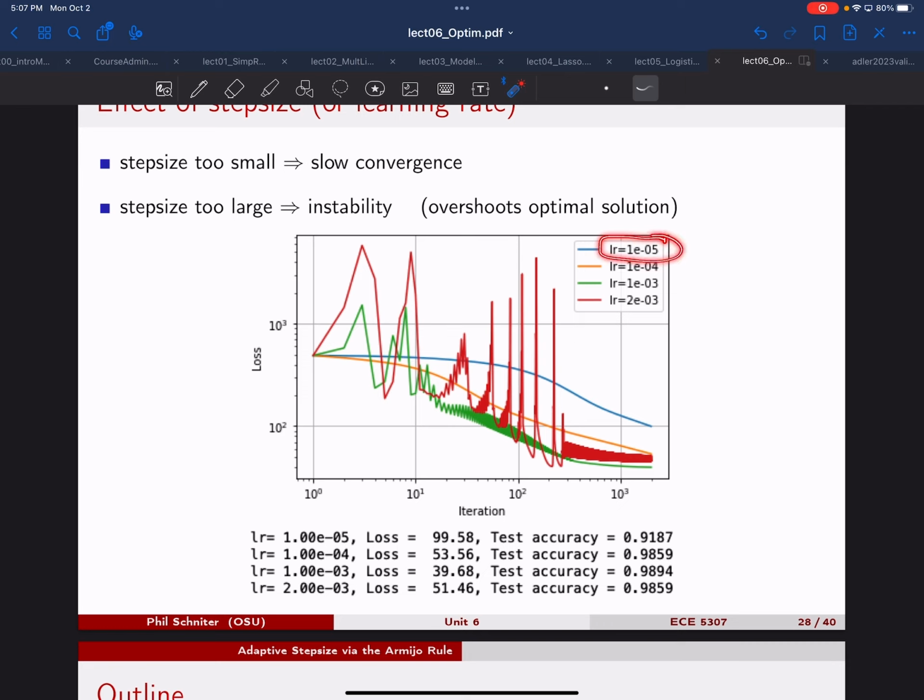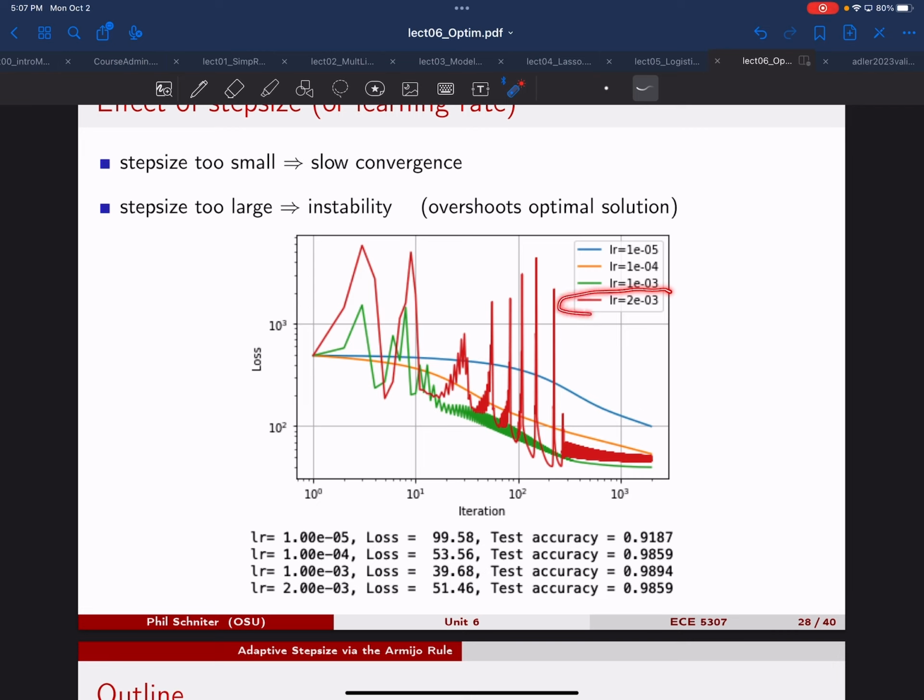If we make the learning rate even smaller, then not surprisingly, it converges even more slowly. If we make the learning rate a factor of 10 larger, it does converge quicker, but you see that it starts to be a little bit inconsistent. What's happening is we're overshooting. Although, overall, it seems to be working okay.